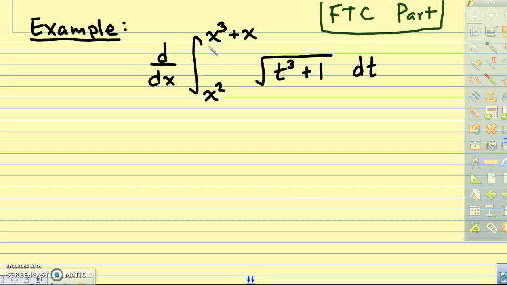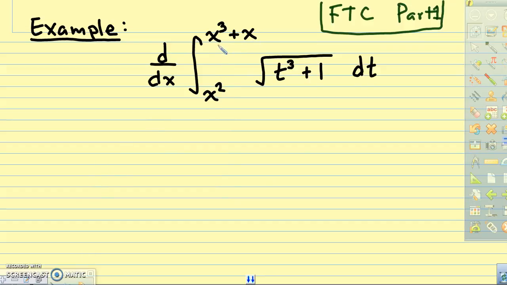But more importantly, I also said that if the upper limit isn't simply x, we can't just directly substitute. We have to do more to it. This is what we have to do. I say this at the end because I'm going to use some ideas of part 2 of the fundamental theorem of calculus. This is part 1.